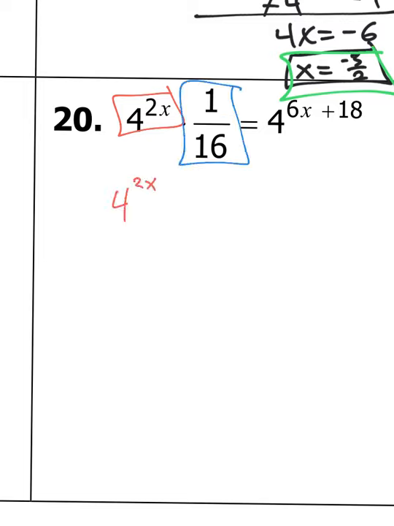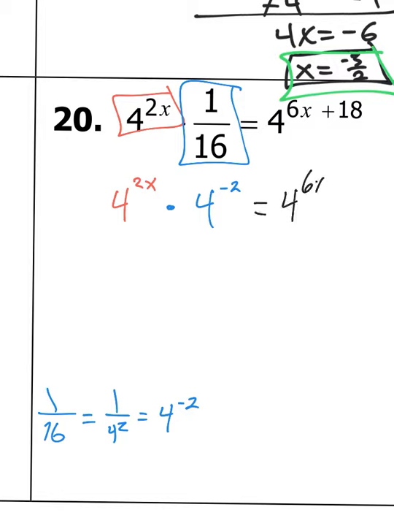Second term, 1 over 16, I'll do this off to the side. 1 over 16 can be written as 1 over 4 squared, which is 4 to the negative second. Then on the right side, it's already in base 4, so I don't really have to mess with it.